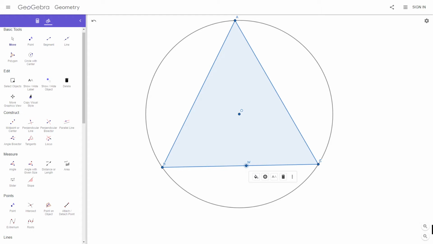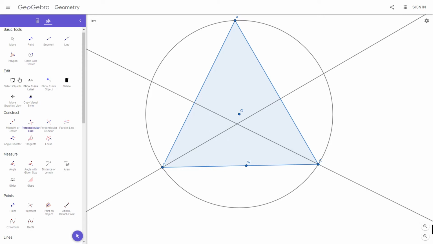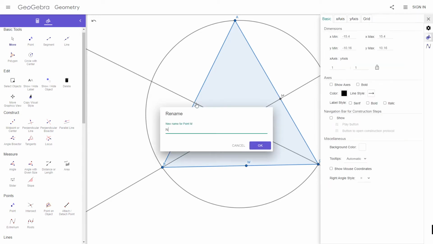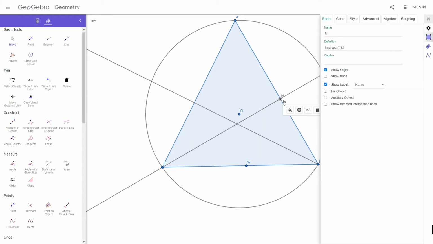The points M and N are feet of the altitudes from B and C. So that means we're going to need perpendicular lines from B and C. And these are M and N. Oh, for God's sake. Hang on a second. M and N. There we go.